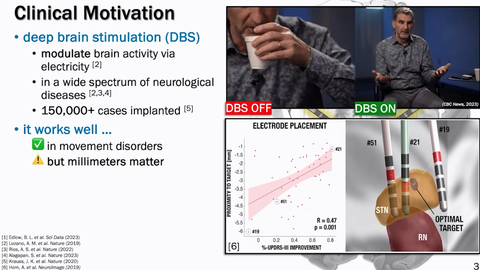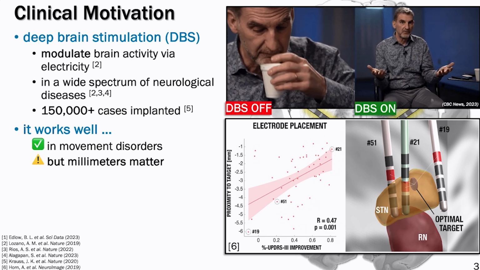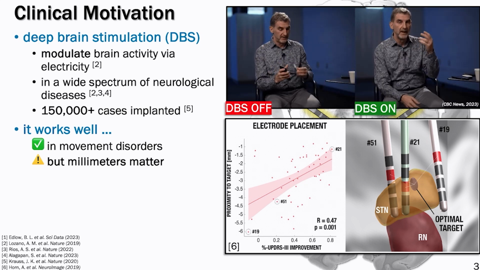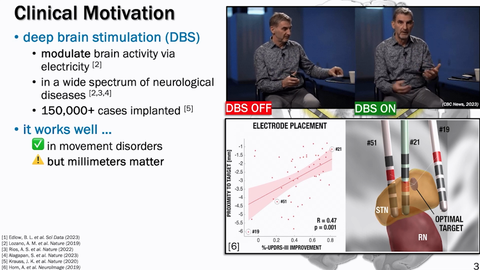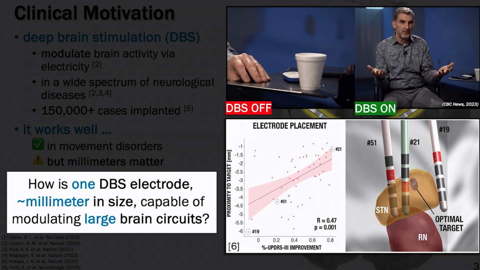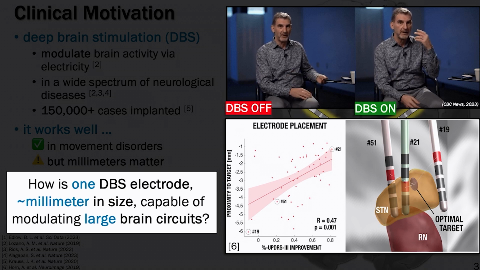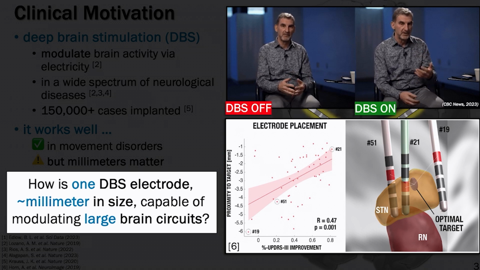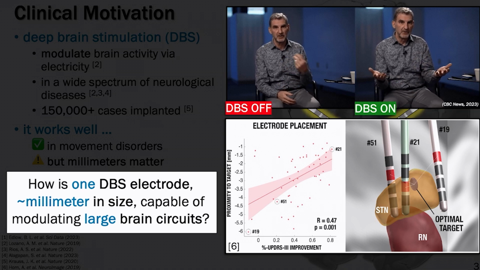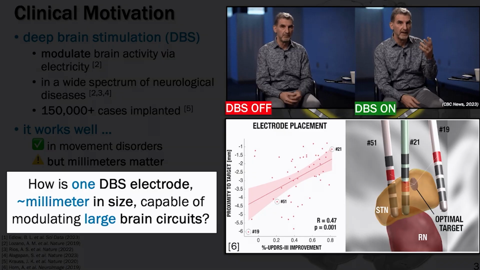What I want to emphasize is that millimeters matter in DBS. Deviations on the order of 2 millimeters can be the difference between optimal therapeutic benefit and side effects. And a common question that's asked in the DBS literature is, how is this one DBS electrode modulating the large brain circuits that are implicated in, say, diseases like Parkinson's?